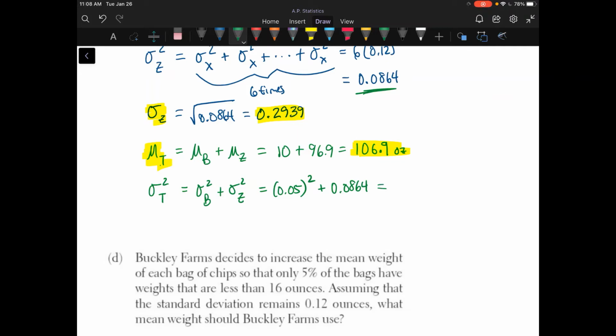We add those up, we get 0.0889, which then gives us the standard deviation. The standard deviation is the square root of 0.0889, which equals 0.2982.